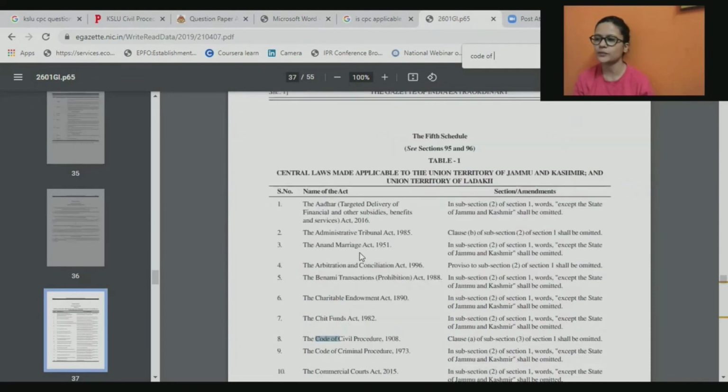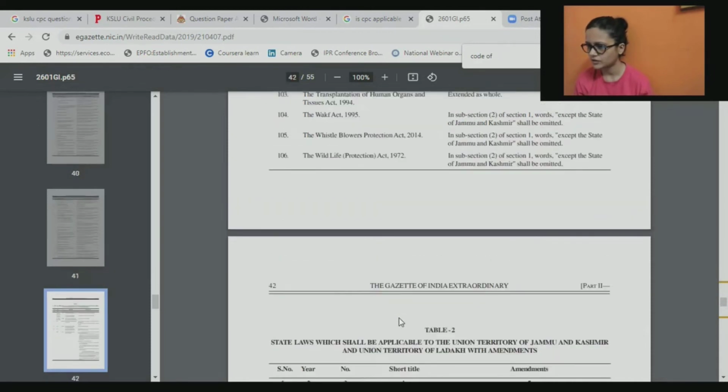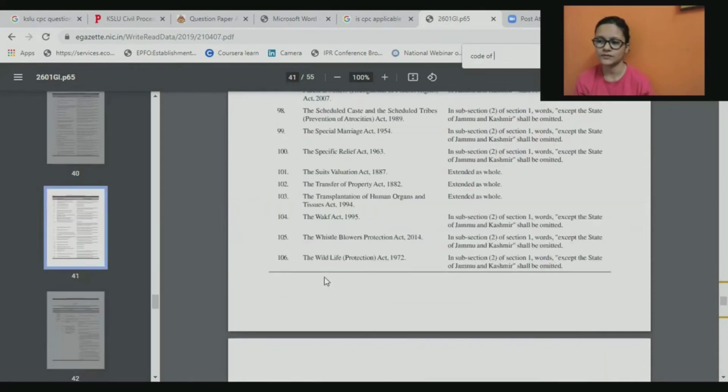The fifth schedule provides a list of central legislations in India which were previously not applicable in Jammu and Kashmir, but now, after removal of the special status, these laws will be applied in Jammu and Kashmir. And there are around, I think, 106 laws, if I'm not wrong. Yeah, 106 laws passed by Parliament, which will now be made applicable in Jammu and Kashmir.